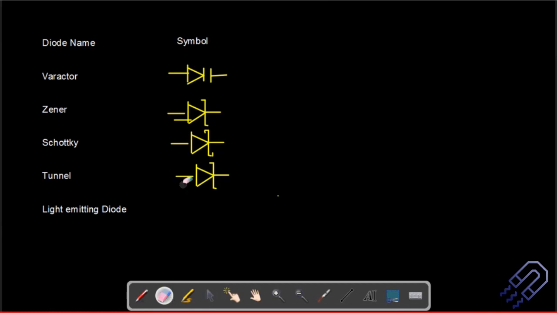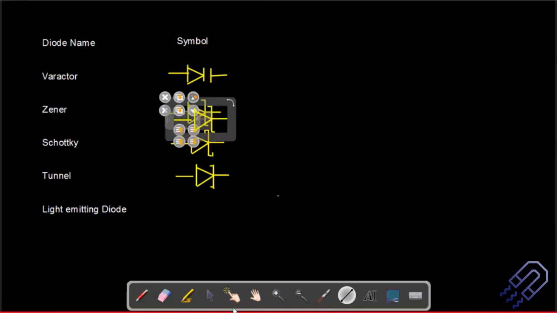I'll use the eraser and also practice it. So in our tunnel diode we have it bent in this direction, and in this direction. That's important. And finally the light emitting diode.